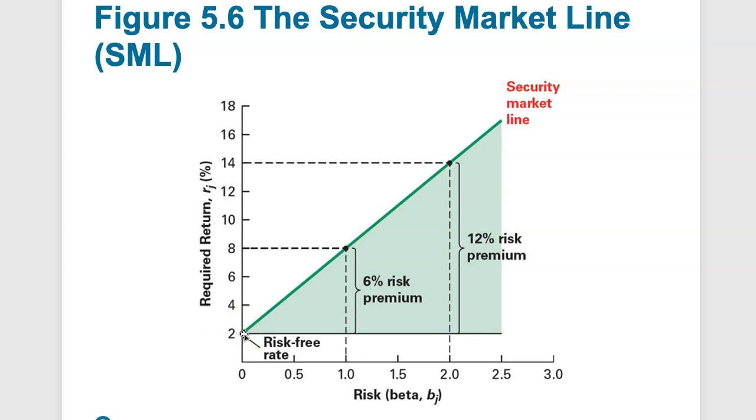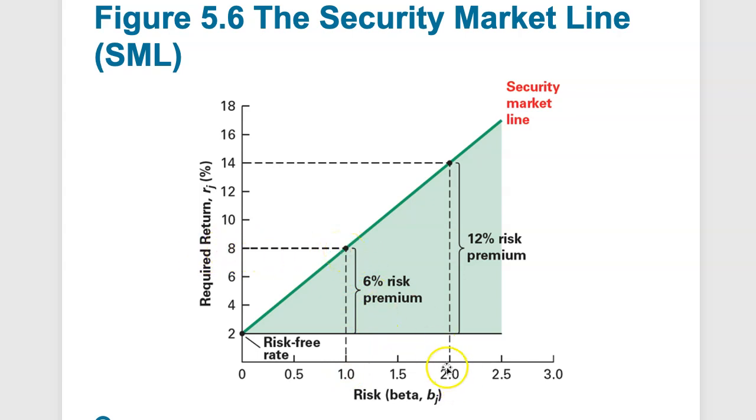If the beta moves to 1, we're looking for an 8% return, which is a 6% risk premium plus 2% risk-free. So the 2% here, 0 to 2 plus 2 to 8, is how you get that 6%. So with a beta of 1, we're expecting a return of 8%, which is the market return.